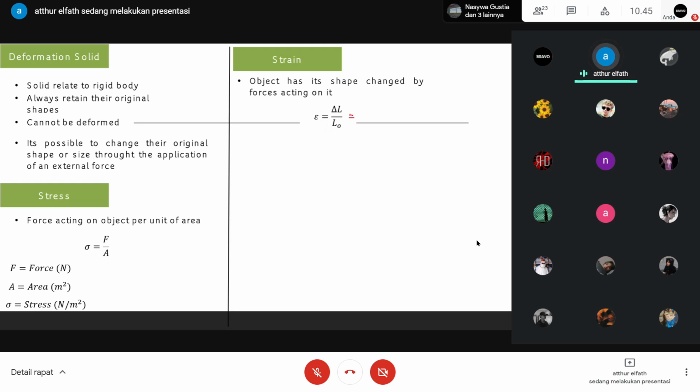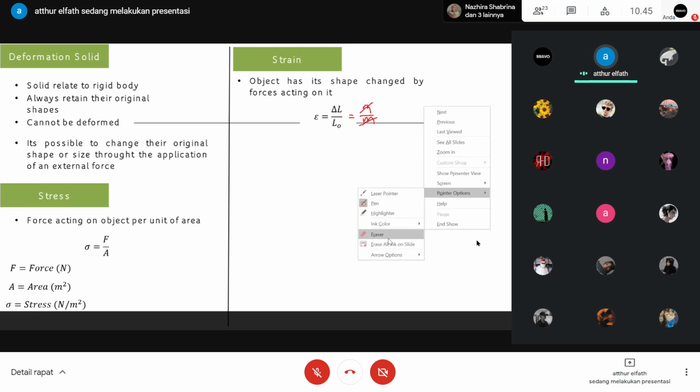Because delta L units is meter, meanwhile the original length units is meter. Meter per meter is 1. So the strain has no units. Okay, thank you Santika for your answer.